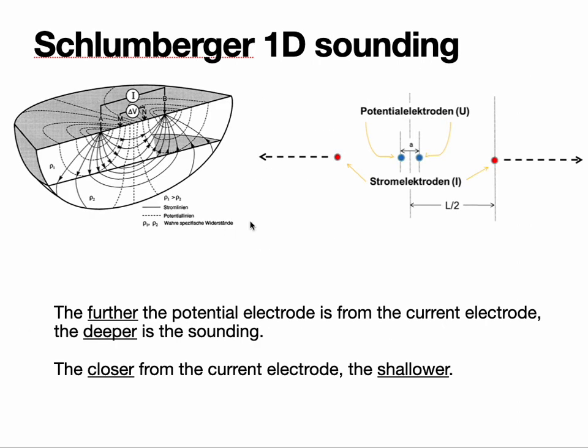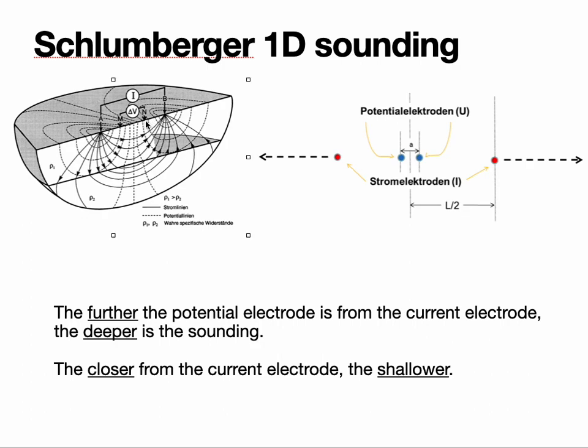Again, a view of the whole experiment, or this surface view here. One thing to keep in mind is that the further the electrode that measures the potential is away from the current electrode, the deeper is the sounding. If you measure the potential very close to the electrode, then you receive a very shallow signal.